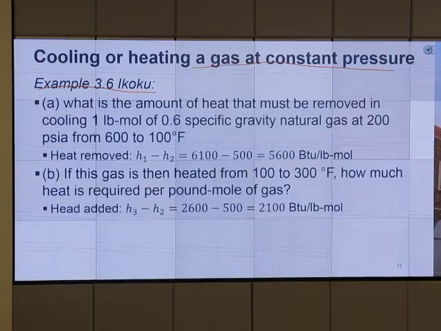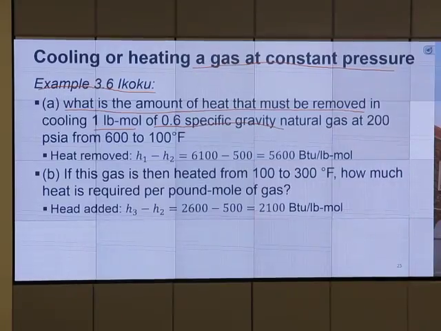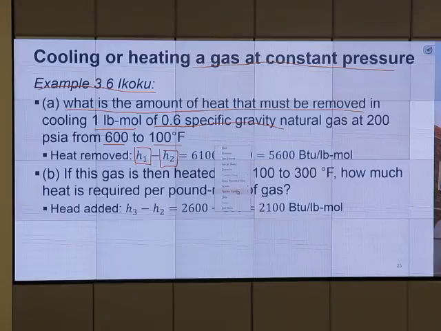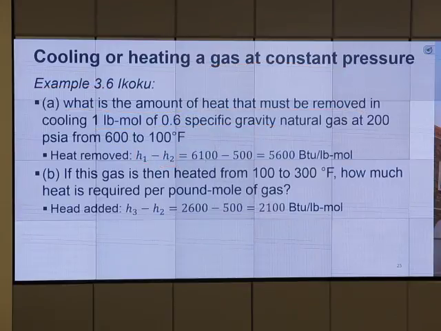The question here is, what is the amount of heat that must be removed in cooling 1 pound mole of 0.6 specific gravity natural gas at 200 psi from 600 to 100? So what I do is, I read the chart and find two numbers, H1 and H2.